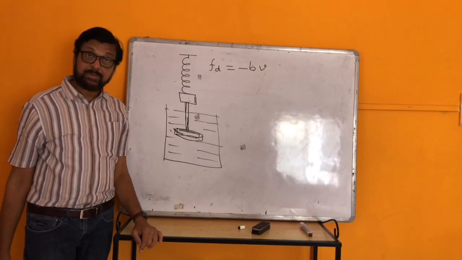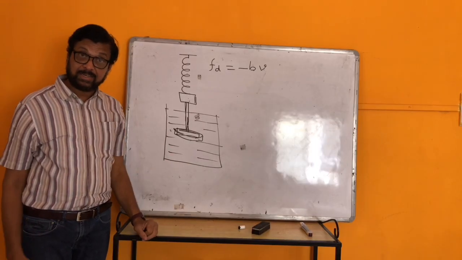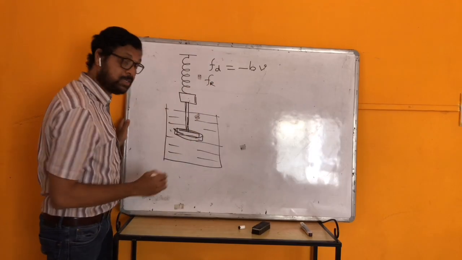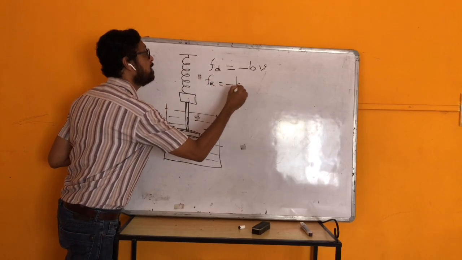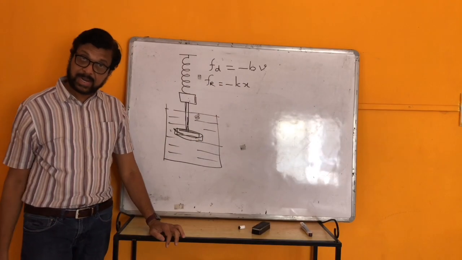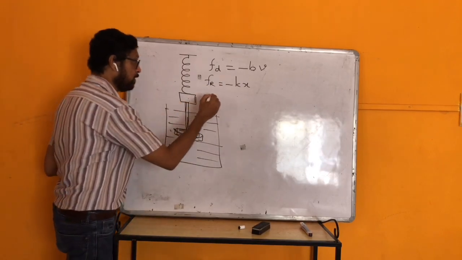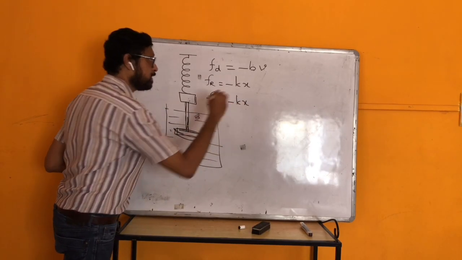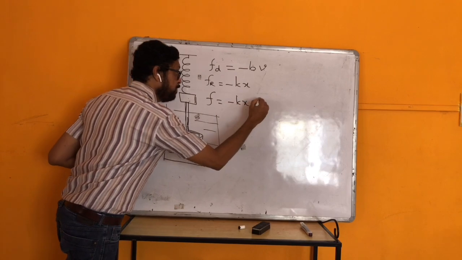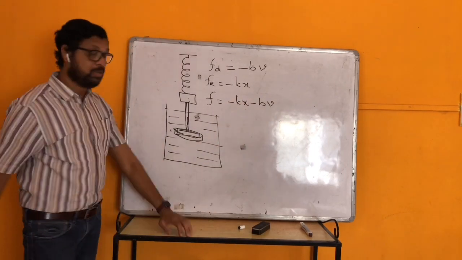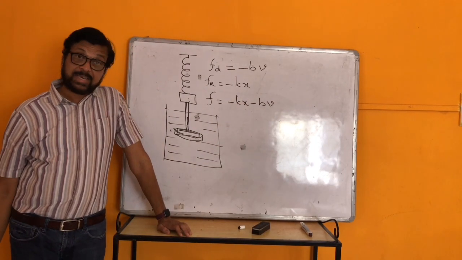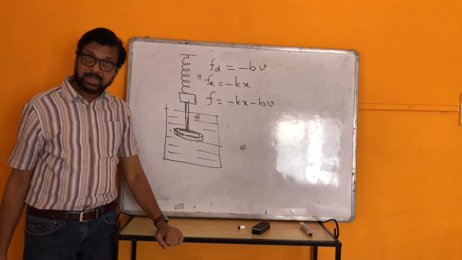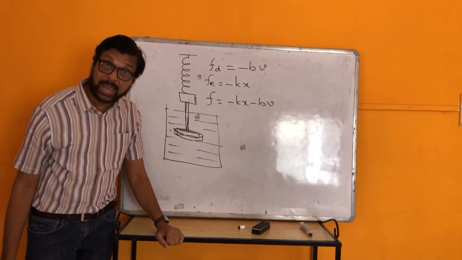हा डॅम्पिंग फोर्स आहे आणि ओरिजिनल जो फोर्स आहे तिथं ज्या फोर्समुळे ऑसिलेशन होतं, that is restoring force, which is equal to minus kx, right. So net force on this block will be equal to minus kx plus minus bv. So net force is minus kx minus bv. Net force can be written as mass into acceleration.